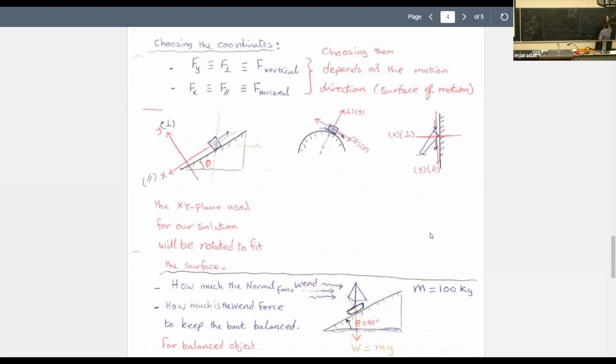What if we have another surface? Maybe it is a curved surface this way, and this is the center of rotation, for example. You can take this as XY. When you move to this point, you will take this XY in a different direction. Then you will take this XY this way.